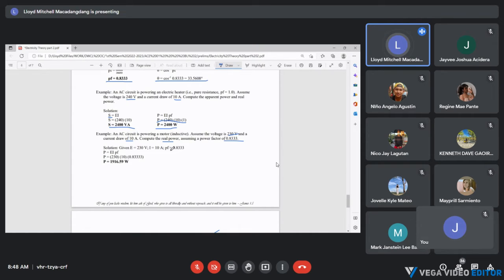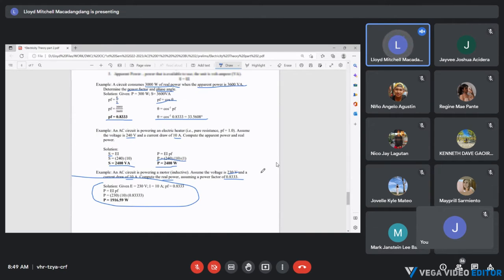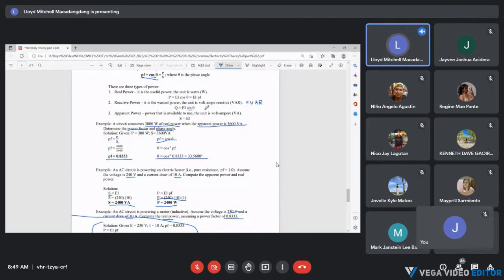So yan, direct substitution ulit. Direct substitution. And a real power of 1,916.59 watts. So yan lang si power factor. So dito si, importance ni power factor in our powers.